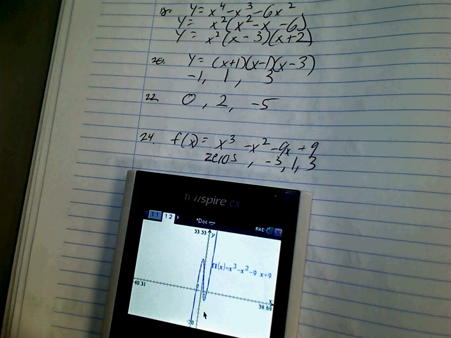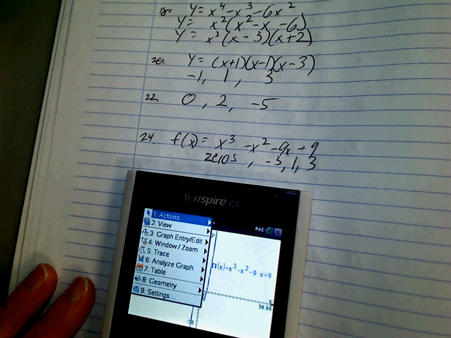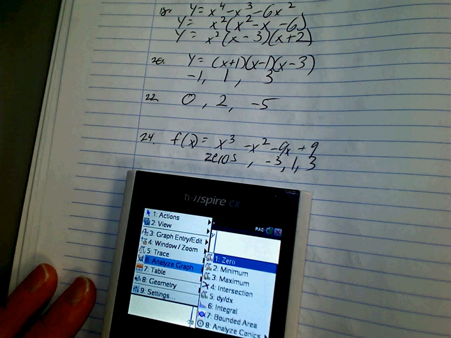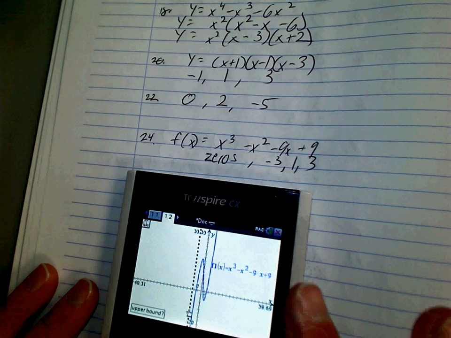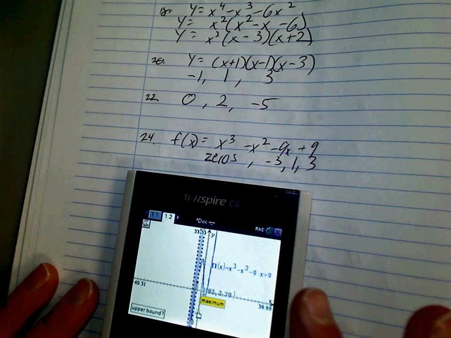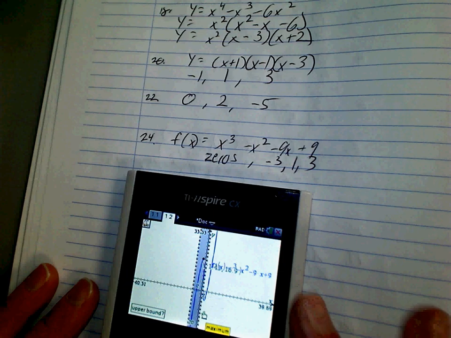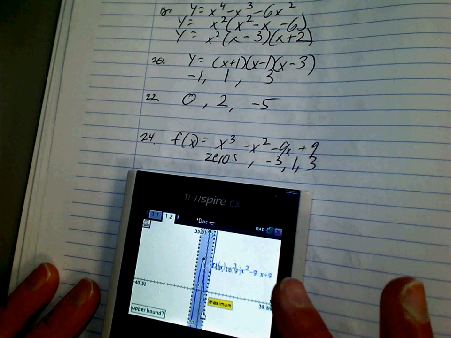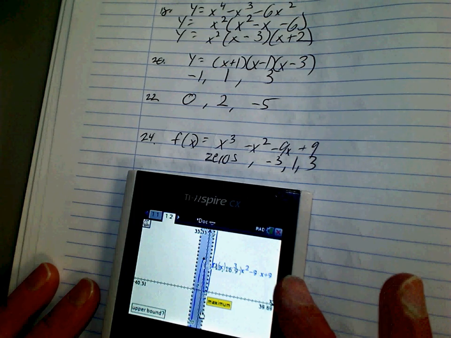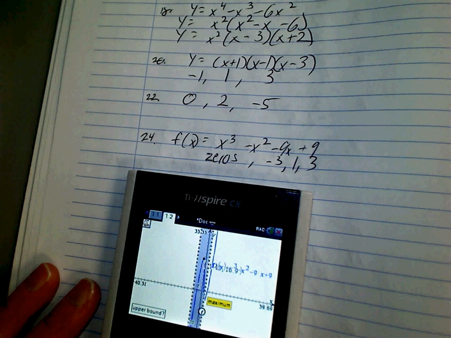So what do we do in our calculator? Menu, analyze. Let's go with our max first. All right, this is lower bound. I'm going to go right. Now there's fine. Come across. Boom. We found him. We found a max.